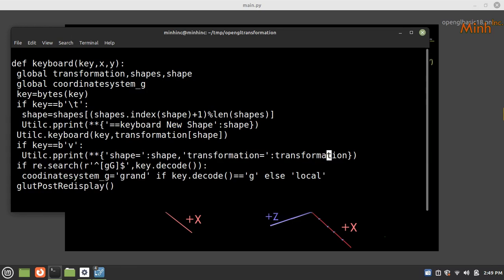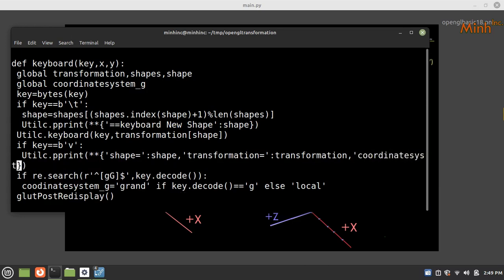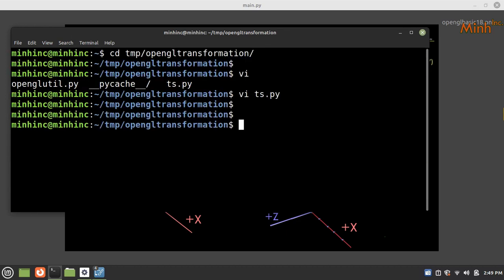We'll print the coordinate system to debug it, because if it is local it should draw. We'll try again.